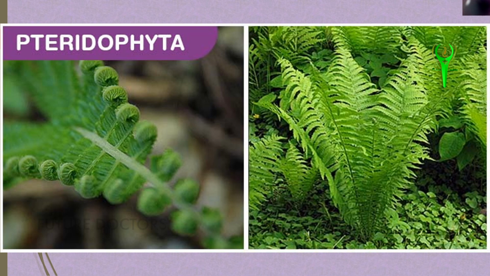The organs possess well differentiated vascular tissues. These plants evolved as the first terrestrial plants to possess xylem and phloem throughout their body. Xylem consists of tracheids and phloem is made up of sieve cells and albuminous cells.